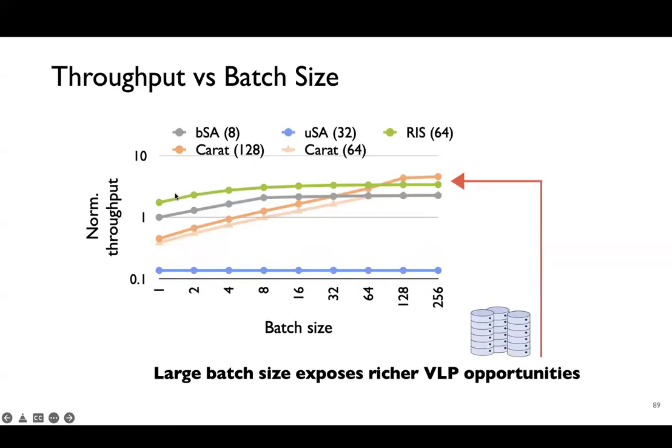This graph sweeps the batch size, and we measure the normalized throughput. As you can see, as batch size increases, the throughput increases. The large batch actually exposes richer VLP opportunities, so Carat eventually surpasses all the other designs.